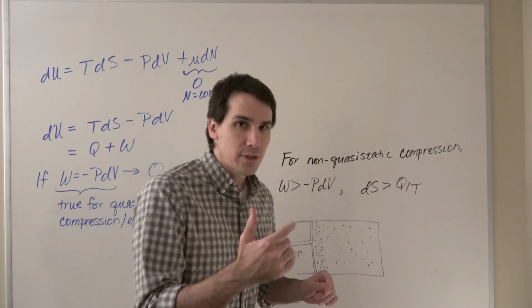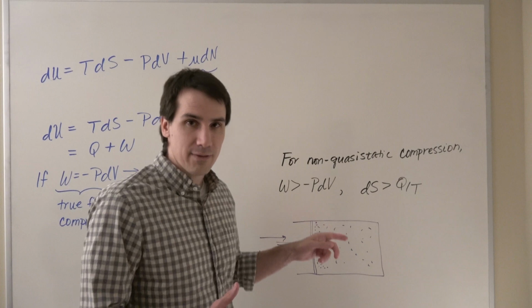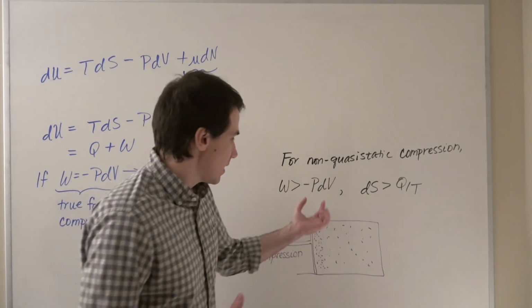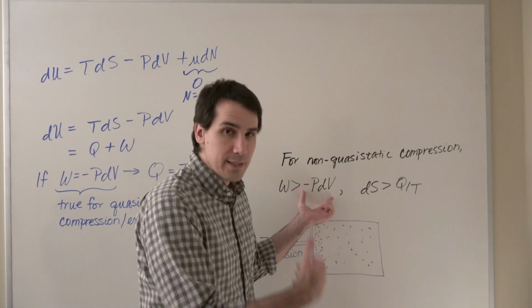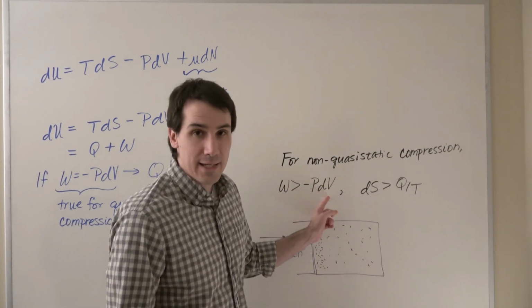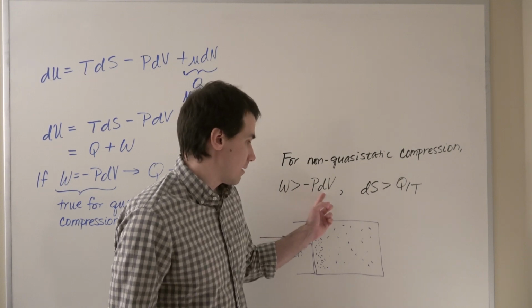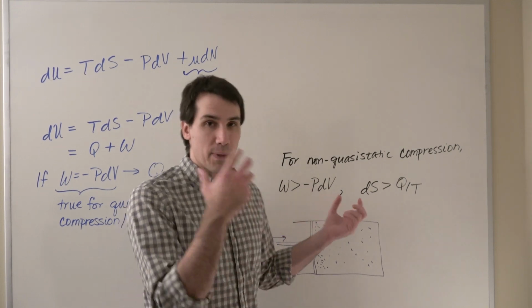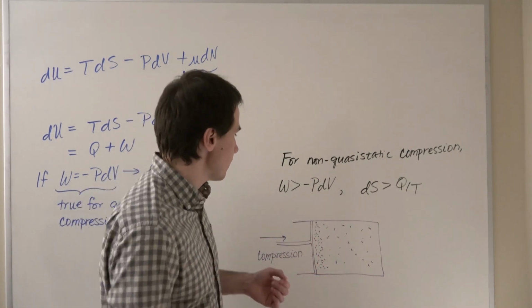Now, I should note, because this looks kind of weird to have this greater than a negative, remember that for compression, this value with the minus sign is positive, because as you compress, dV is a negative value. So negative PdV is a negative times a negative, which gives you a positive value for your work. So you're doing too much work here.